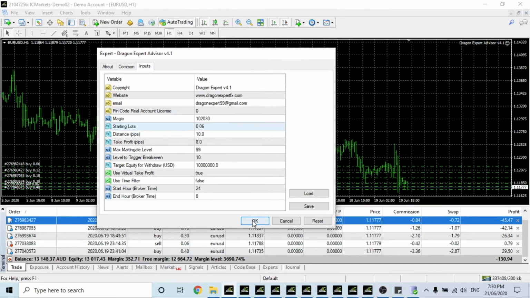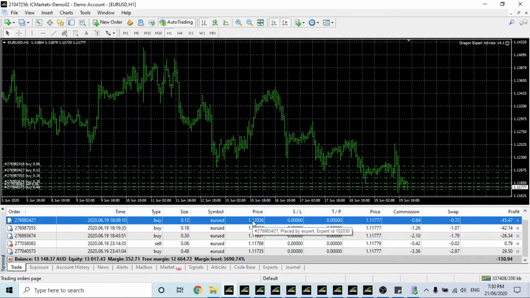So quite a powerful robot. It has made $3,148, or probably more than that actually, since I made it 10,000. And that's all I've done. You can see here that the first trade was at 0.06, and it is now starting to do buys and sells.